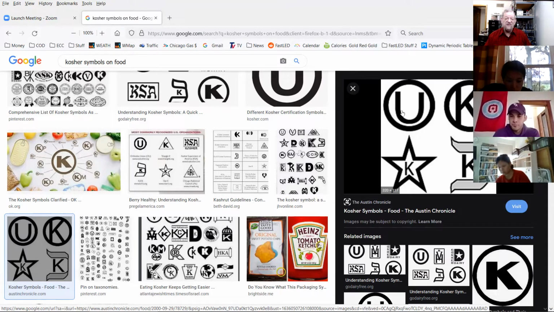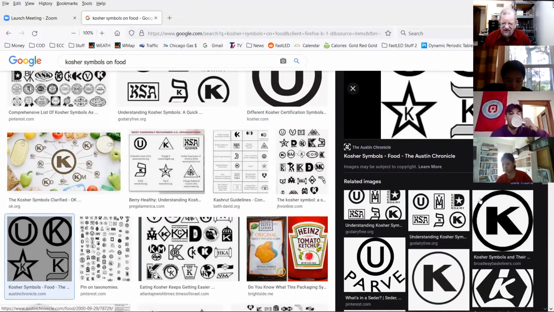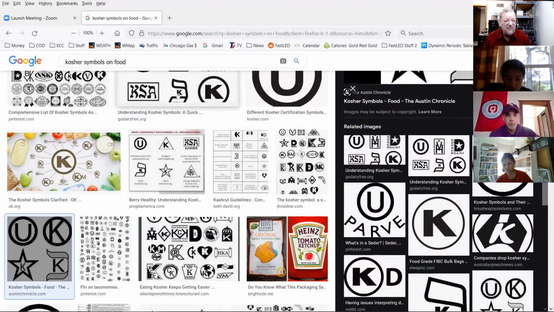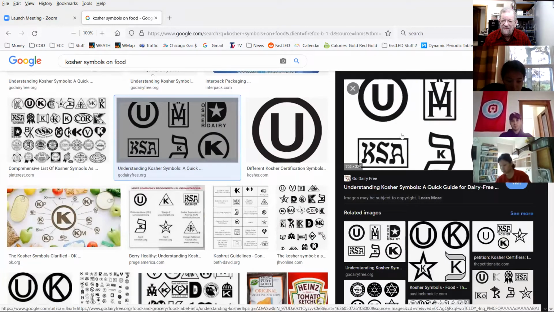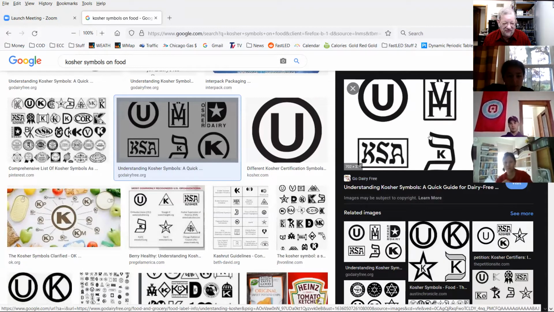If you see that on something, it's kosher. Also, if you see a small K, that's for the Star-K, and they have different ones, and there are other organizations too. Now, this one right here, this is the Hebrew letter for the first letter in the Hebrew word kosher, good. And yes, I speak and read Hebrew. And these are different ones.